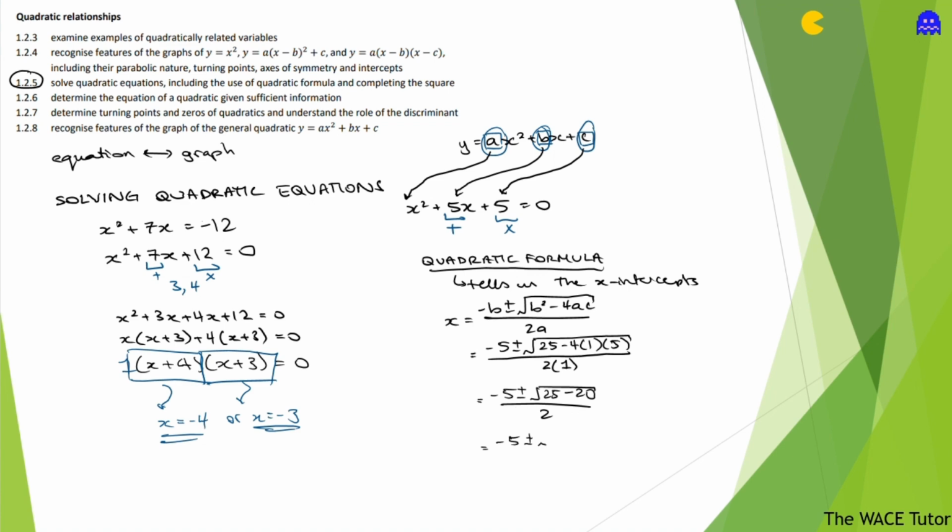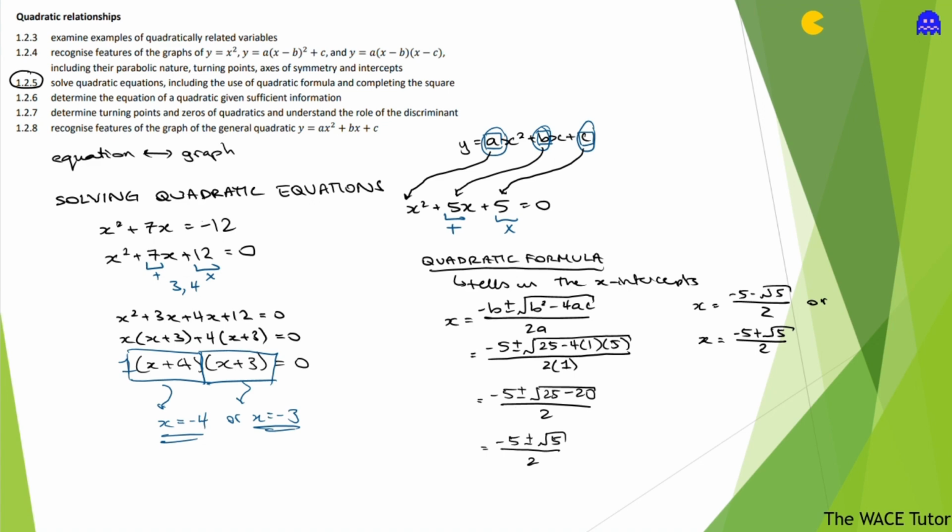So minus 5 plus or minus root 5, divided by 2. And so as a result, our two solutions are x equals minus 5 minus root 5, all divided by 2, or x equals minus 5 plus root 5, all divided by 2. Those are our two solutions from the quadratic formula.